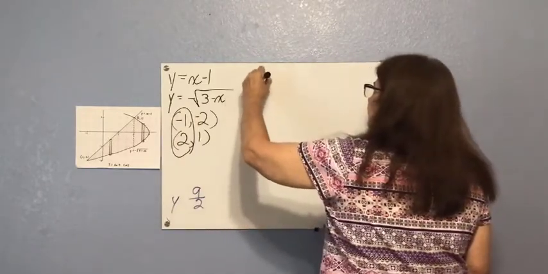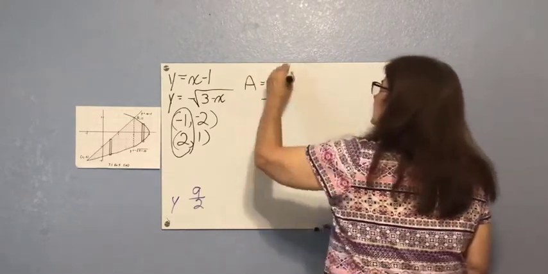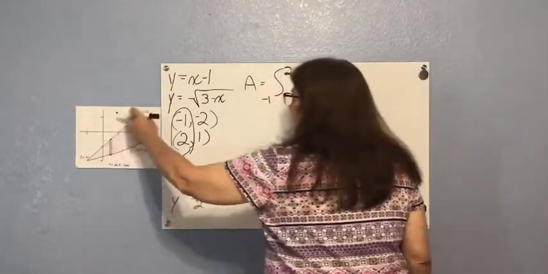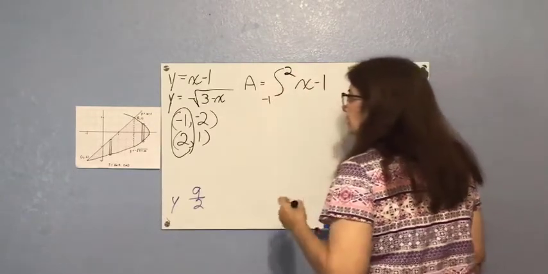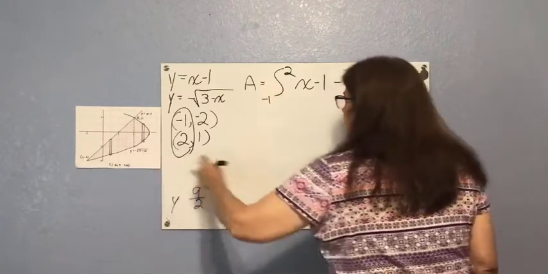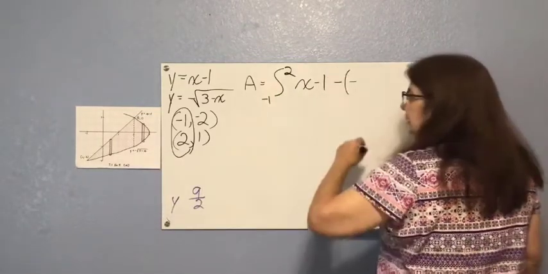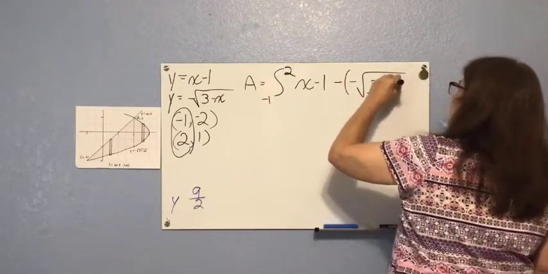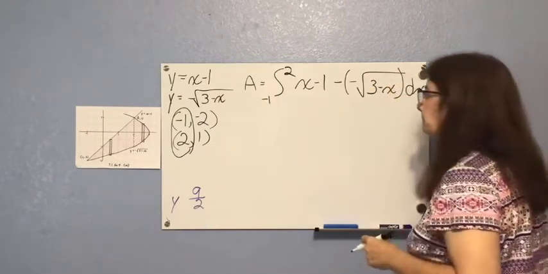So the area for the first region is the integral from -1 to 2, and then I start with the linear x minus 1 and subtract the square root, which is negative square root of 3 minus x, dx.